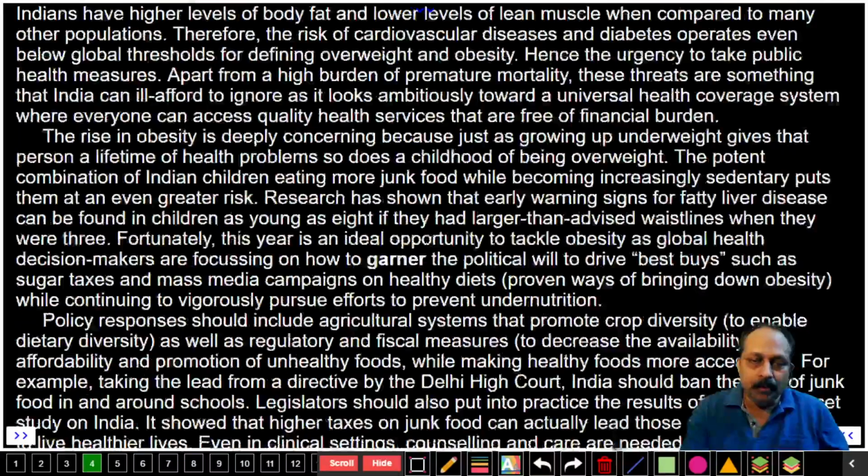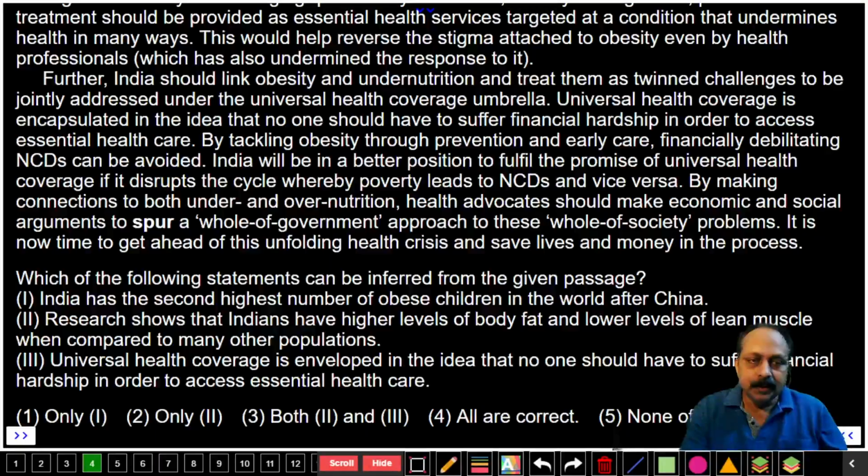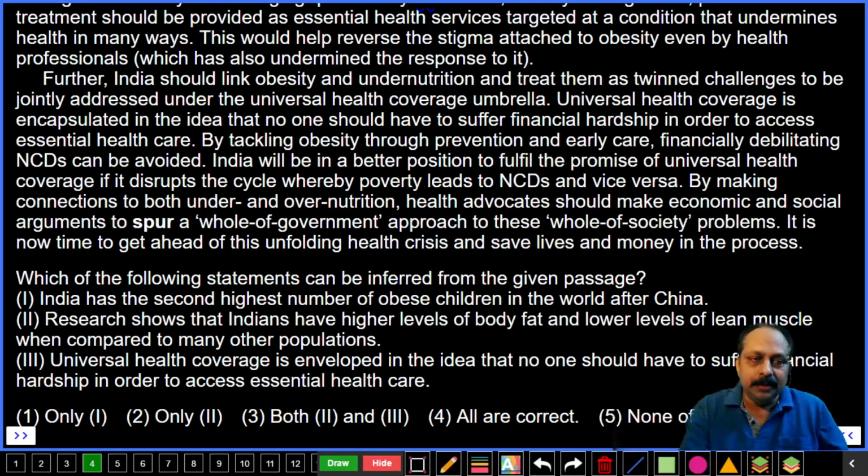Question number four. Which of the following statements can be inferred from the given passage? Give me a second. India has the second highest number of obese children in the world after China, clearly mentioned in the passage, and it's a bit surprising and shocking.